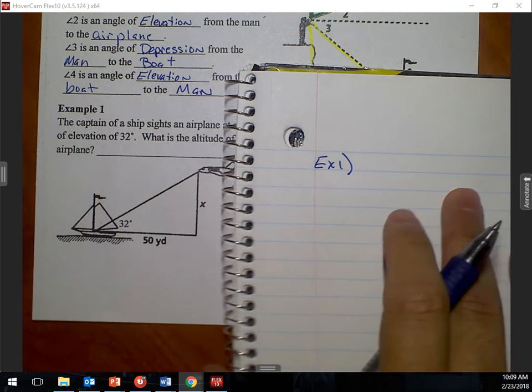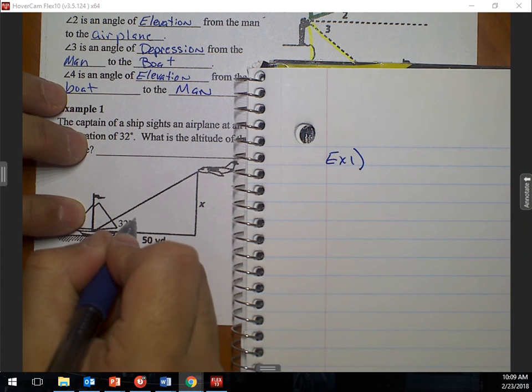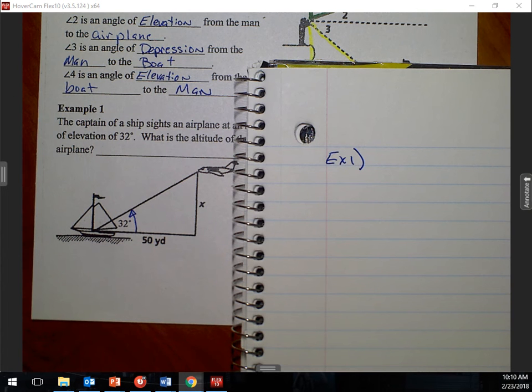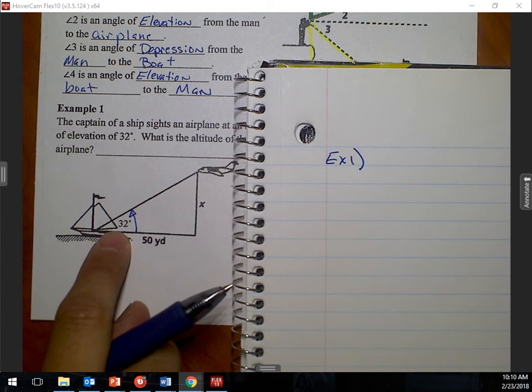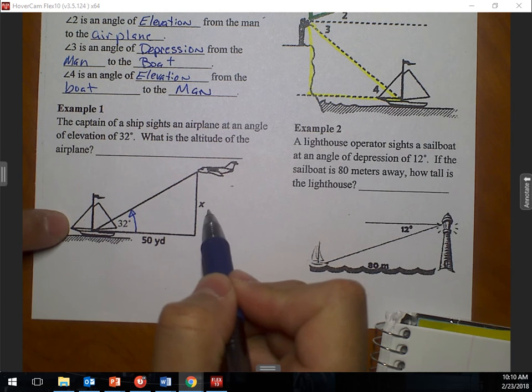From this information, here is my angle of elevation, right? So that is my reference angle, which makes this side over here my opposite.